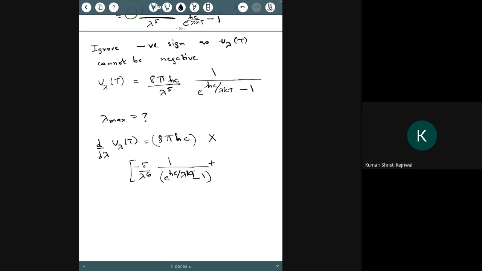And you have another term, plus 1 by lambda to the power 5 unchanged, and I'm differentiating the exponential term. So that is minus 1 by e to the power hc by lambda kt minus 1, squared.